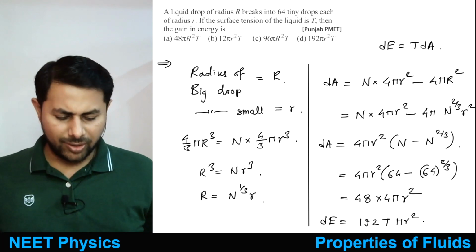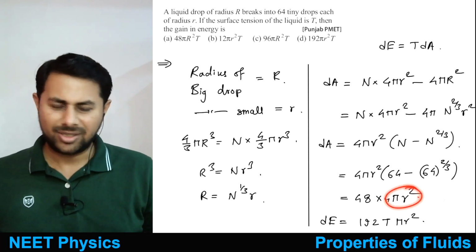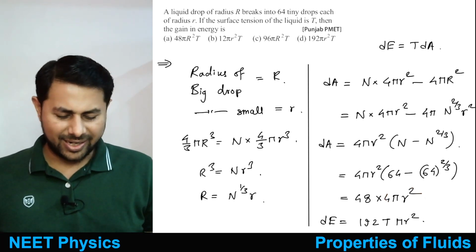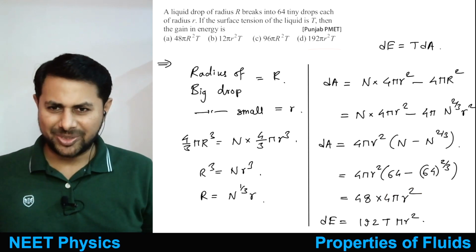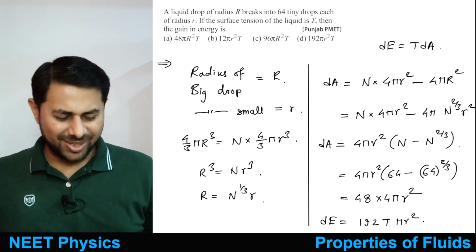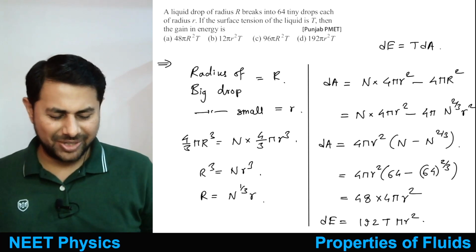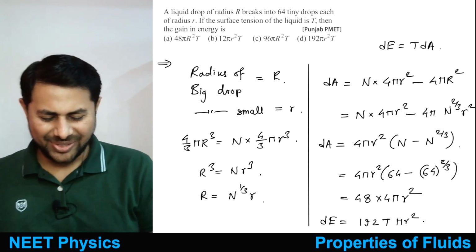Okay, we got lucky in the sense that our answer was in terms of small r, and the correct option is also in terms of small r. If it is not in terms of small r, then we need to solve it. We need to convert it in terms of capital R, right?